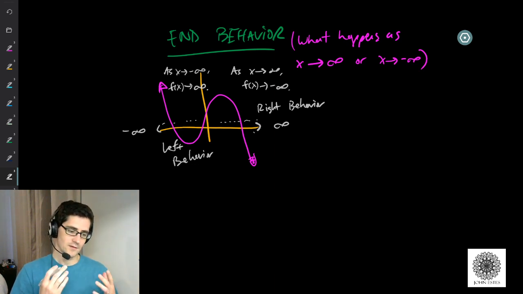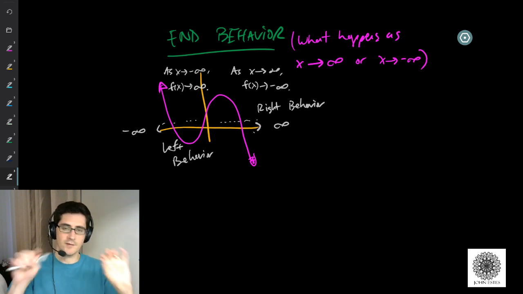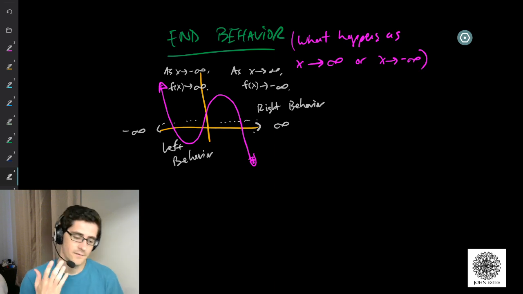Let me say it again. As x goes out to negative infinity, my function's going to just keep going up. And so that's what we mean by left behavior and right behavior, what's going on at the ends. Now, for functions in general, you need to approach this using techniques we learn in calculus. But with polynomials, we don't need to do that. We can just learn some simple rules, because there's something very easy that dictates what goes on here.